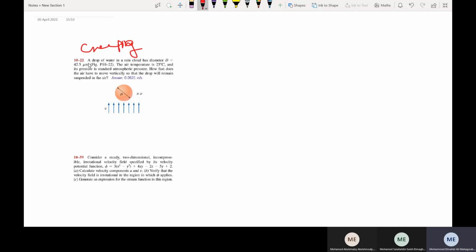Okay, so now we have a drop of water. This is the first assumption, which is the creeping flow. It's also called Stokes flow, I guess. And it is also low Reynolds number flow. So what happens in low Reynolds number flow?